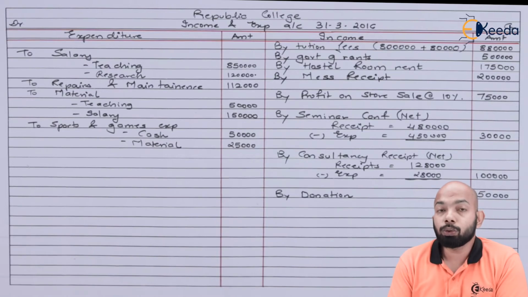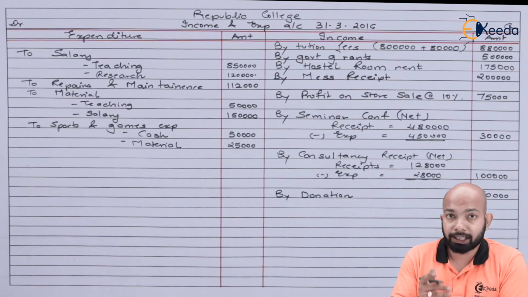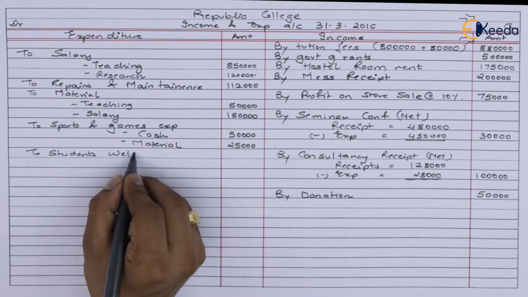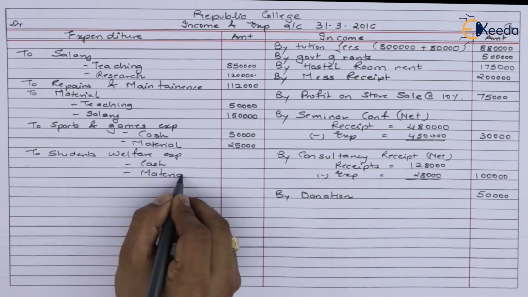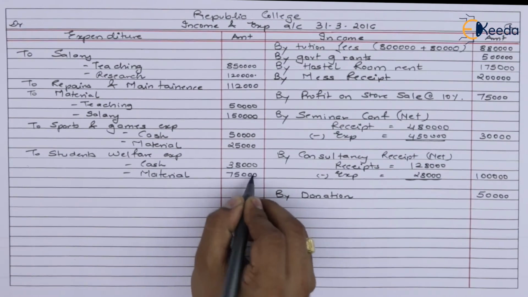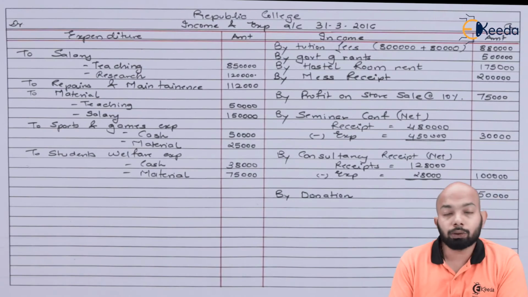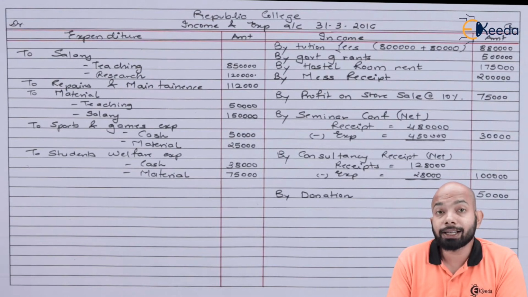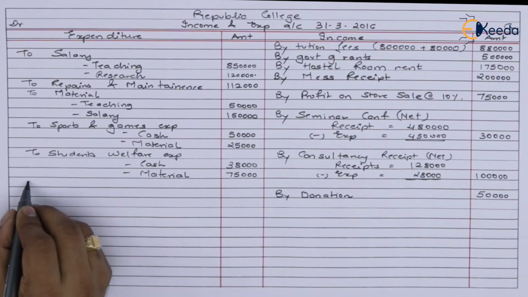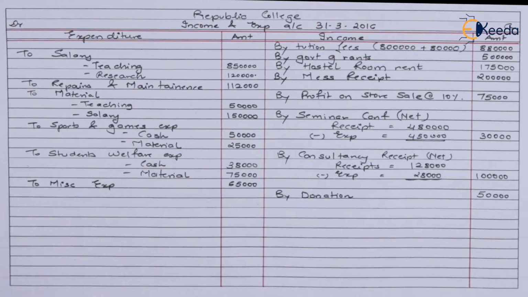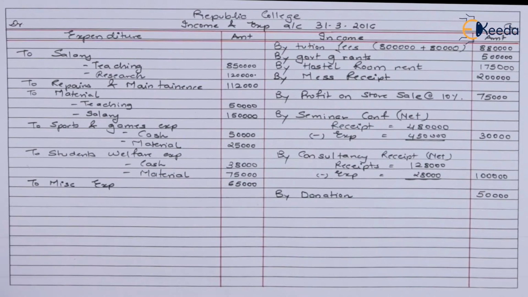The next can be student welfare expense, again cash and material. Now the next revenue expense can be miscellaneous expense, 65,000. Again, we have scholarships for 80,000, that can be also a part here.